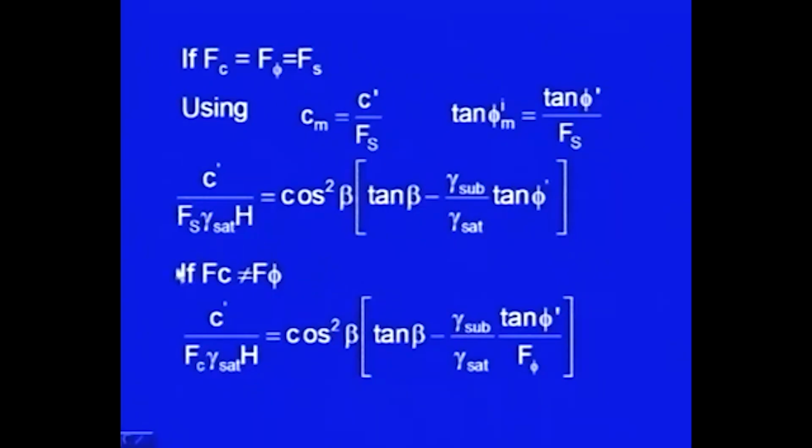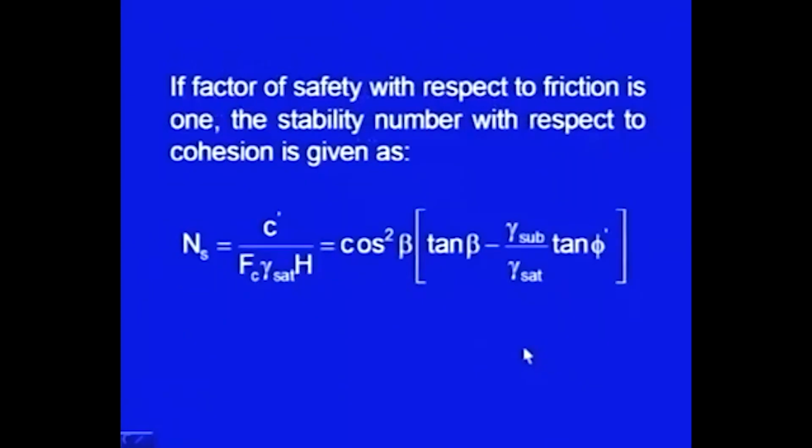Or if you use the values for F c and F phi which are not equal, then this equation can be written as c dash upon F c gamma saturated h equal to cos square beta into tan beta minus gamma submerged upon gamma saturated, and here you will be having tan phi dash upon F phi. In the stability number, normally we take the value of F phi as 1.